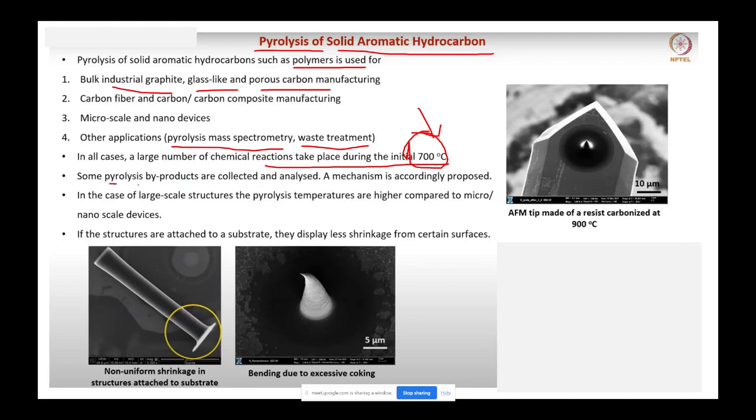When you do any heat treatment, your material is exposed to temperature and you get some byproduct. You can collect this byproduct, and it can also be used for some application.